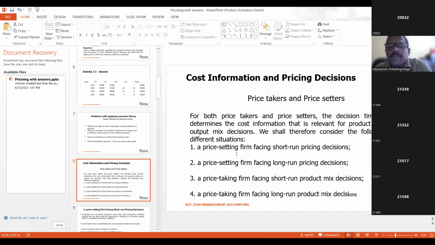If you are a price setter, you may take short-term or long-run pricing decisions. But if you are a price taker, you are not making any pricing decisions. Most probably you will make product mix decisions, which we discussed under 2 types, short-run and long-run product mix decisions.